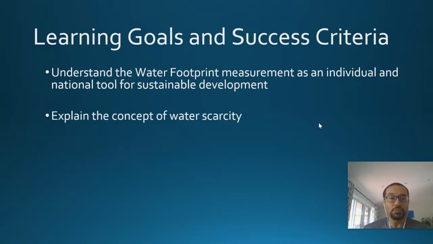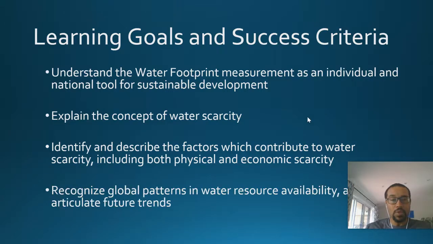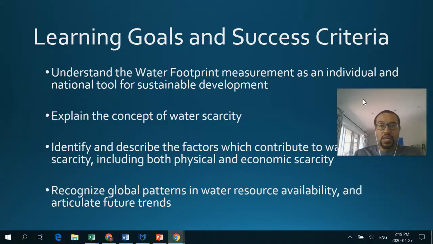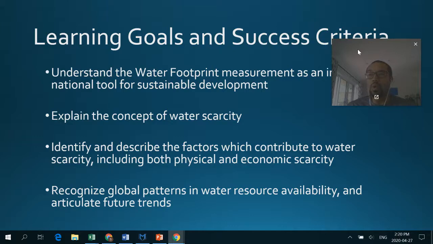You should also be able to explain the concept of water scarcity, scarcity being a lack of water for various reasons in certain regions. And you should also be able to identify and describe factors that contribute to that water scarcity. And in particular, we'll focus on two things: physical and economic scarcity. Last one is you should be able to recognize global patterns in water availability.